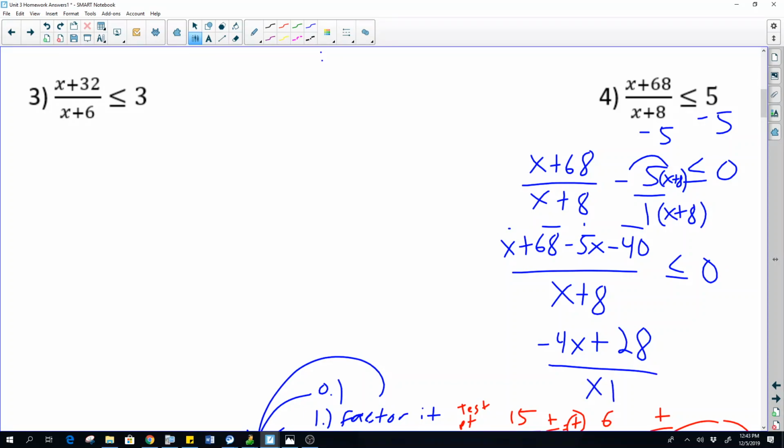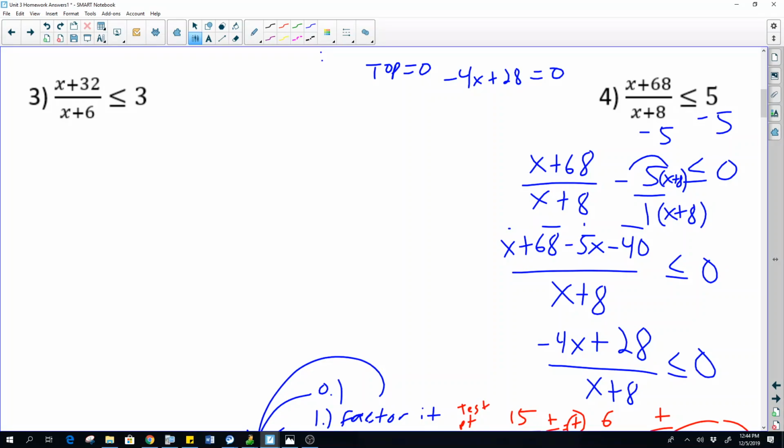And so this is what we're going to use now and set it greater than or equal to 0. Then we want to set the top equal to 0. Our top is -4x plus 28 equal to 0.